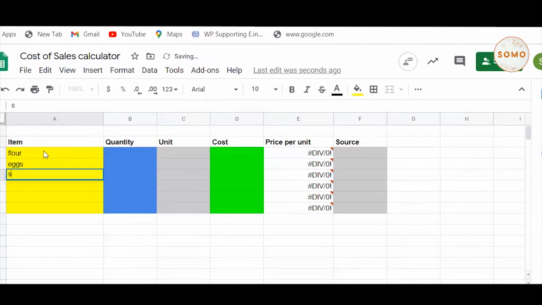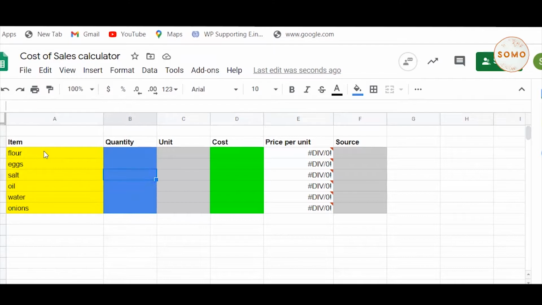We will need salt. We will need oil. We will also need water. And lastly, onions. So these are the ingredients we will need to make a Rolex.